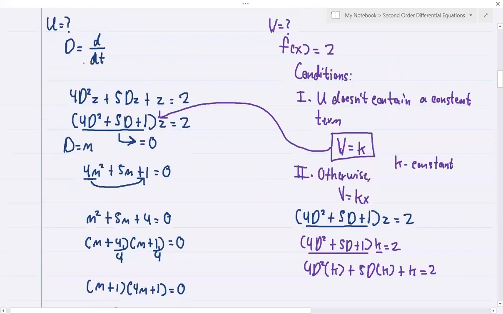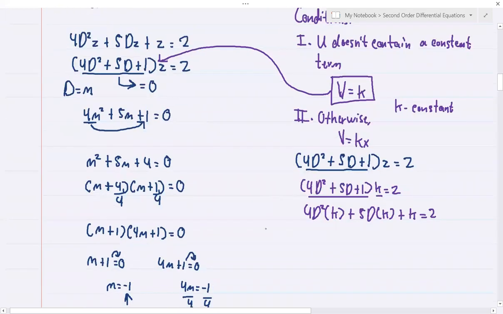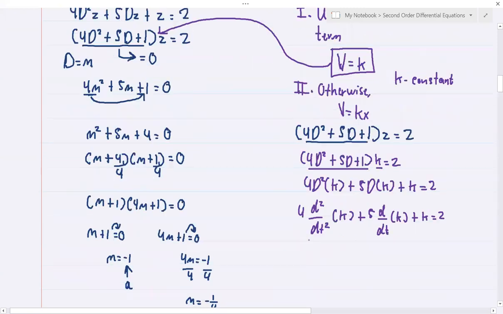Remember that your D is equal to d over dt. So we will have 4 times d squared over dt squared of k plus 5 times d over dt of k plus k. For your first term, you have the second derivative of your constant, so this is 4 times 0.